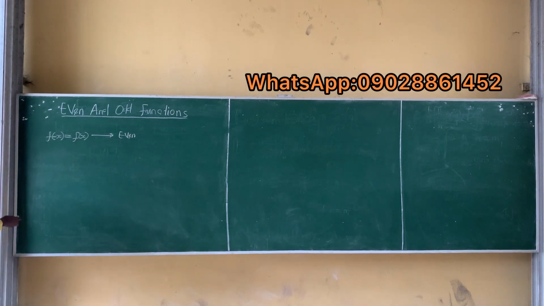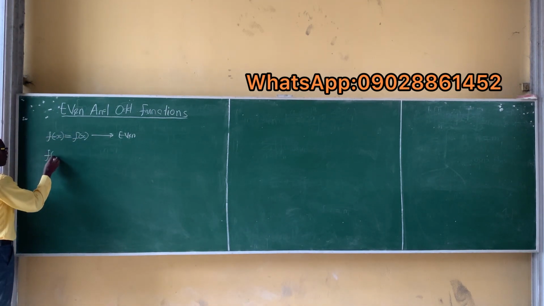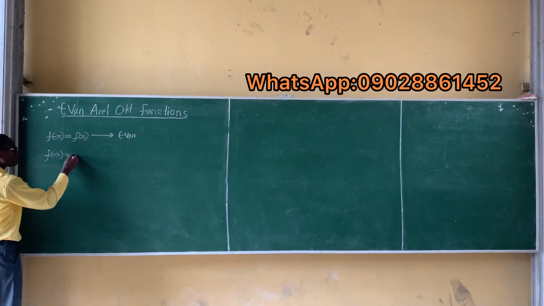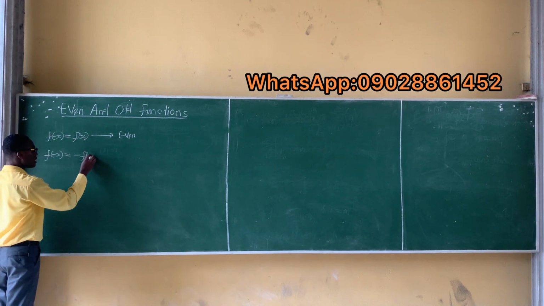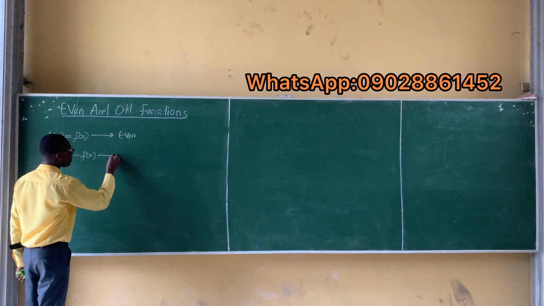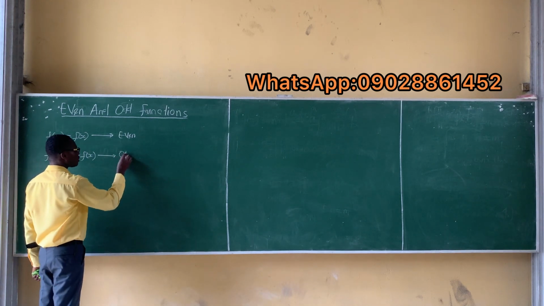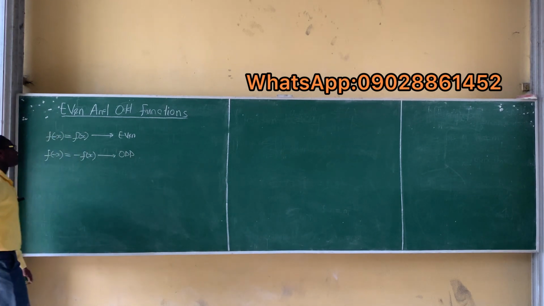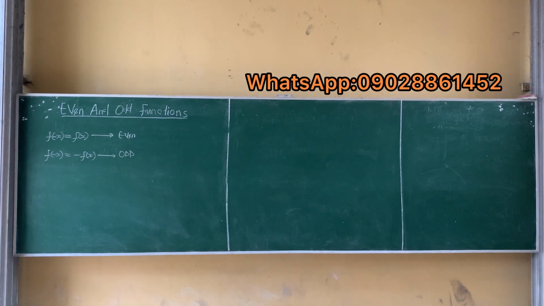They are very easy to know. But what if I replace x with minus x and I obtain minus f of x? Then you can conclude that this function is odd. So that's just it about even and odd functions algebraically.